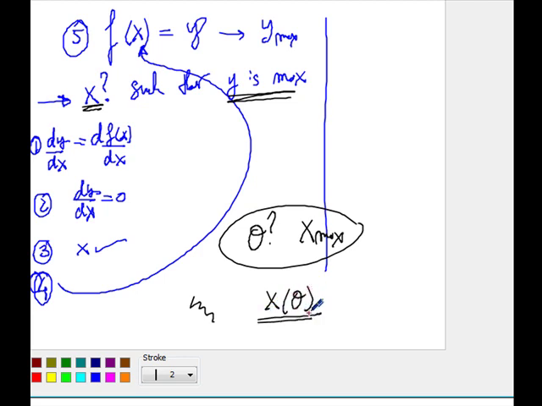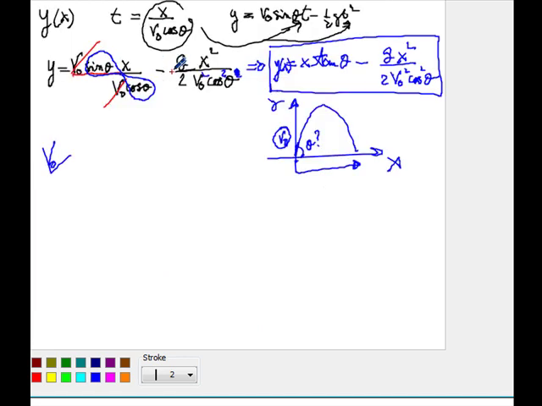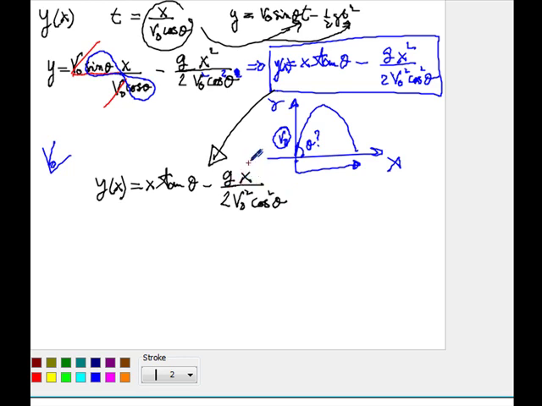But we're almost there. If we look at the previous functional form of y as a function of x, there is a theta in there. And this is where we're going to make another approximation based on the situation that we're dealing with.